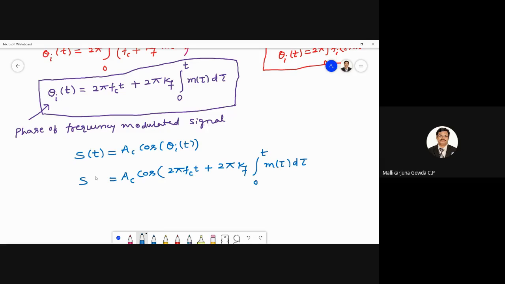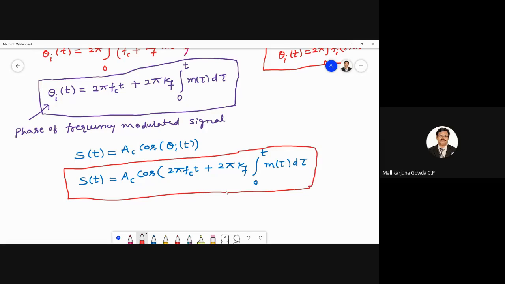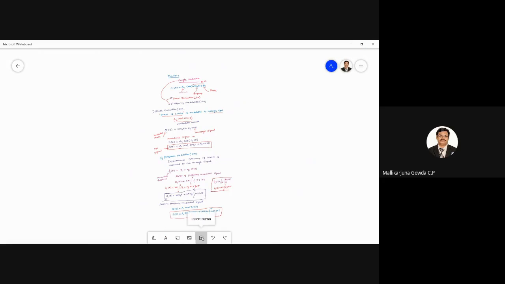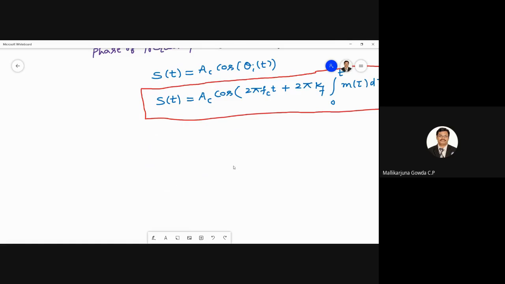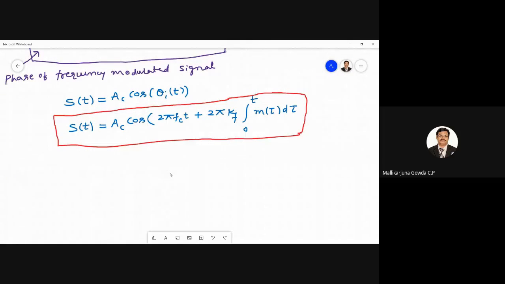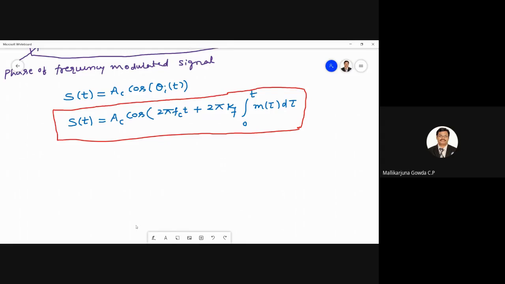So this is the expression for the FM signal.